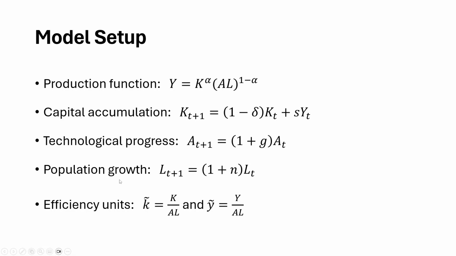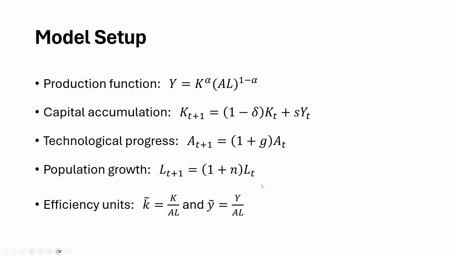And population grows at an exogenous rate, where our labor force, or the population tomorrow, is given by 1 plus N times the labor force today. So N is our population growth rate. Finally, we're going to define everything in terms of efficiency units.